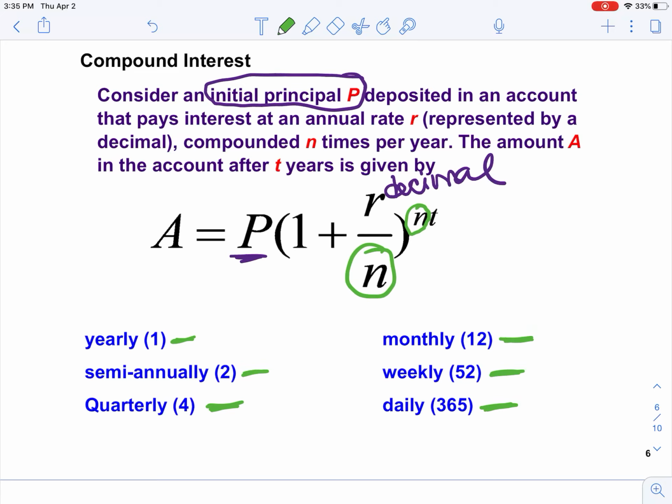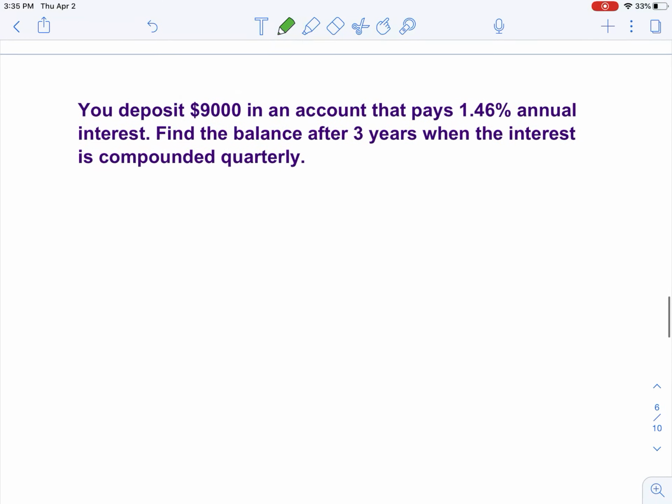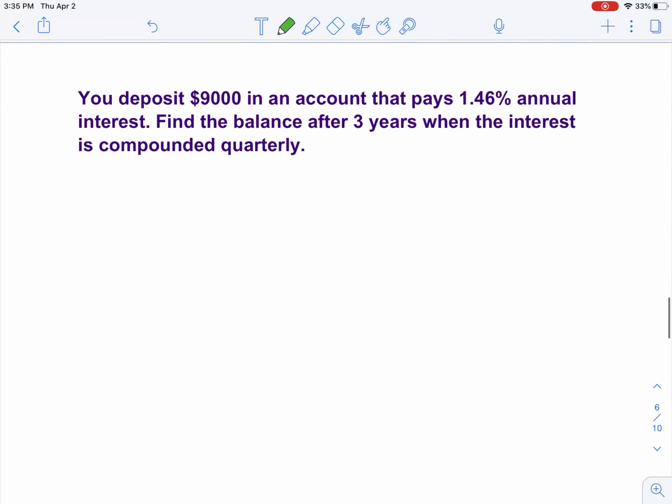It has to go underneath the rate, and it also gets multiplied by your given time in years. So let's look at our problem. A equals P times 1 plus R over N to the NT.